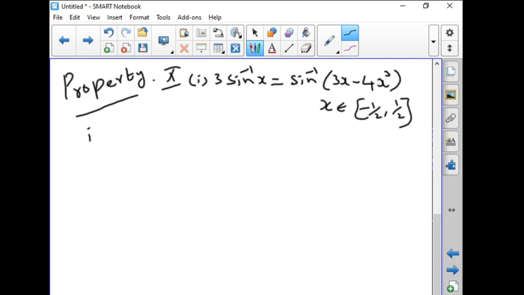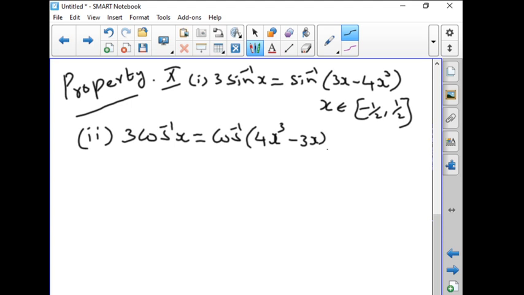Second one is 3 cos inverse of x is equal to cos inverse of (4x cube minus 3x), x belongs to [1 by 2, 1]. The proof of the first property is given in your book, so we'll see the proof of the second one.